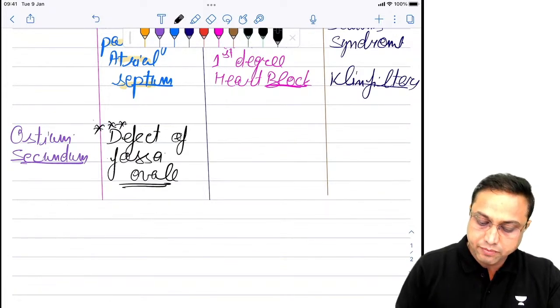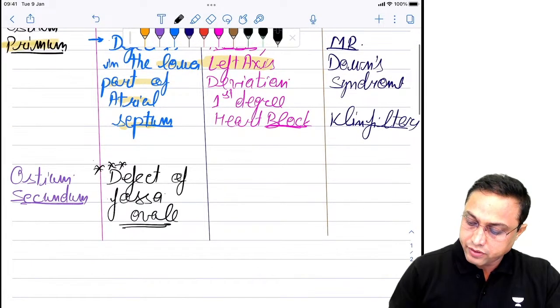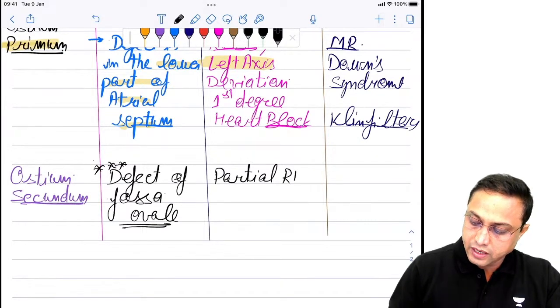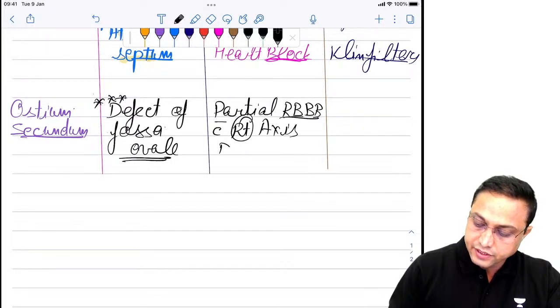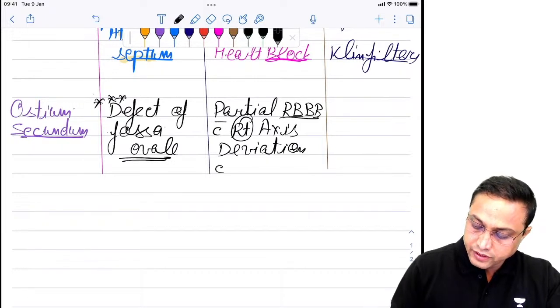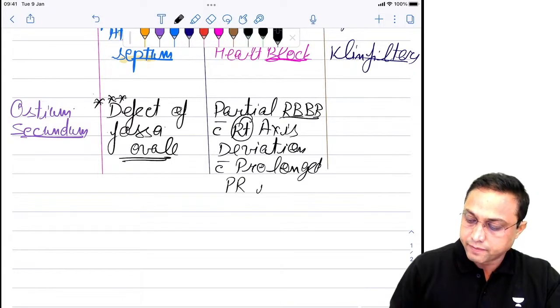Mark it, very important. The patient can have a partial right bundle branch block or a complete RBBB, with right axis deviation and a prolonged PR interval.